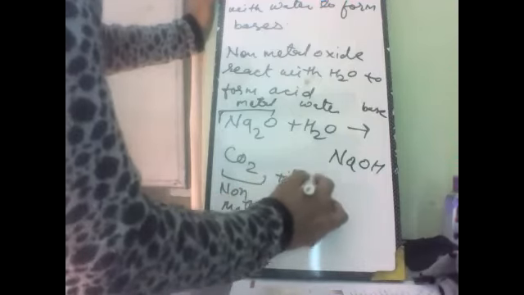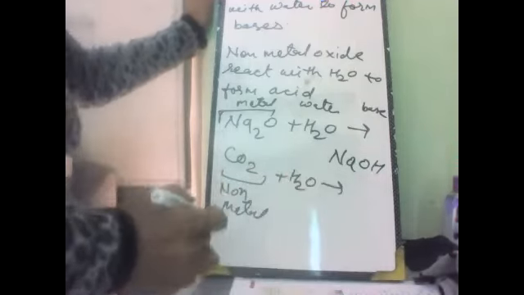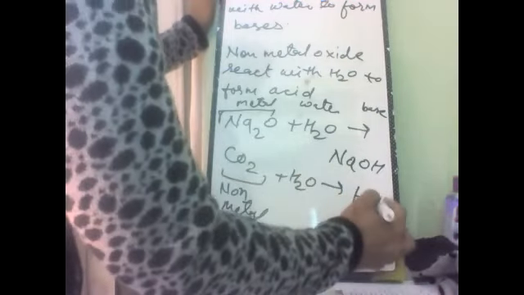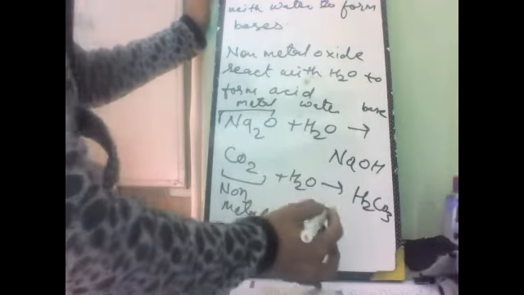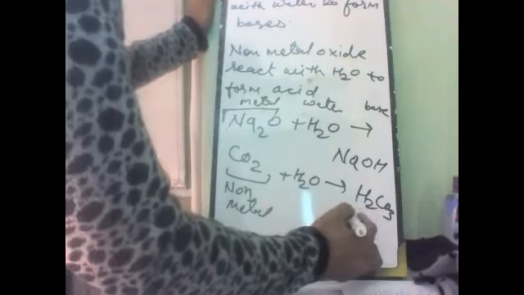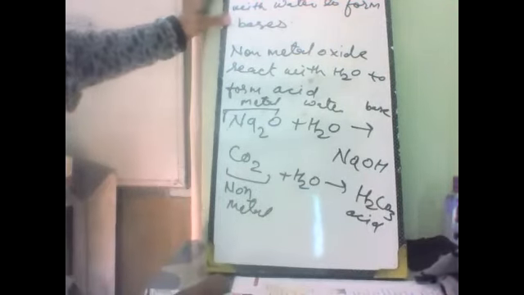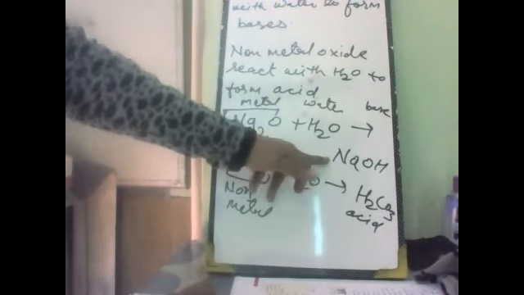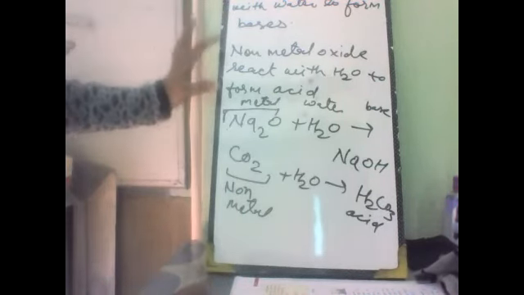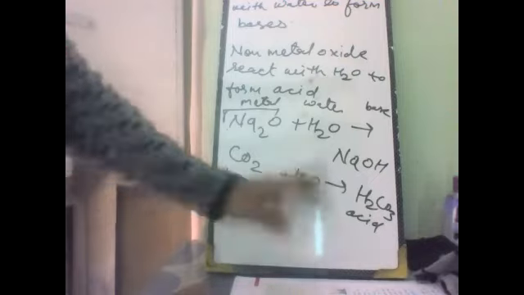It reacts with water and forms H2CO3, and H2CO3 is an acid. So it is clear that metal oxide reacts with water to form base and non-metal oxide reacts with water to form acid.